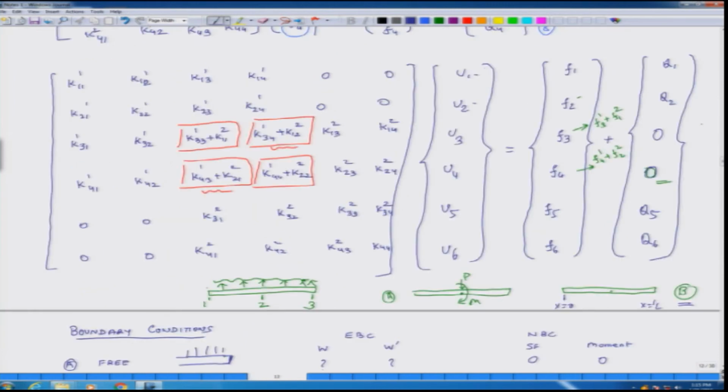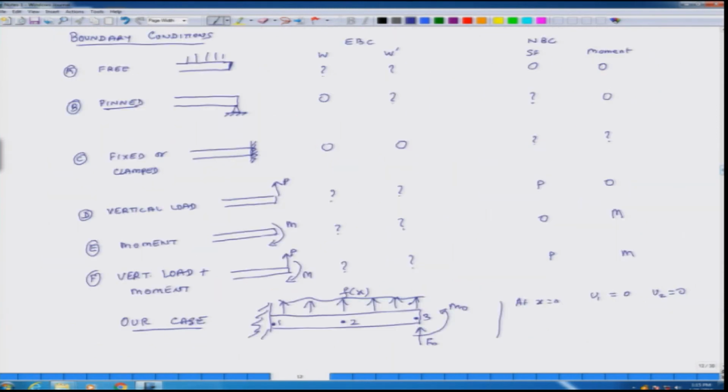What is u1 and u2? These are the degrees of freedom, right. And in the second case, so these are two boundary conditions, then at x is equal to L, Q5 is equal to P and Q6 is equal to minus M. Oh, it is actually F naught.